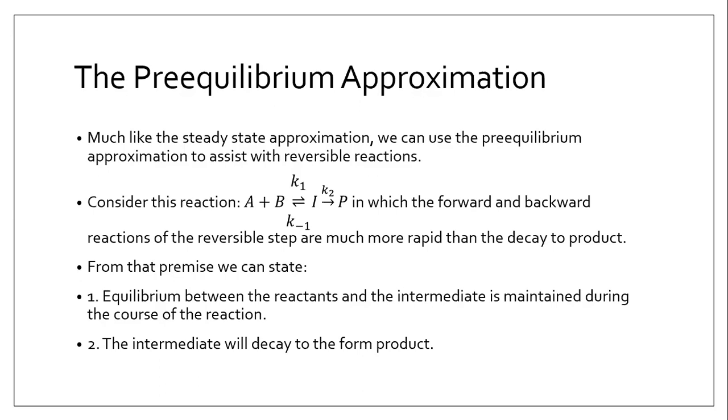So before we even form a single P, we establish equilibrium between I and A and B. And the second I goes to P, we reestablish an equilibrium. So we never really leave equilibrium, even though I is slowly being consumed. So equilibrium will be maintained and the intermediate will decay to form a product.